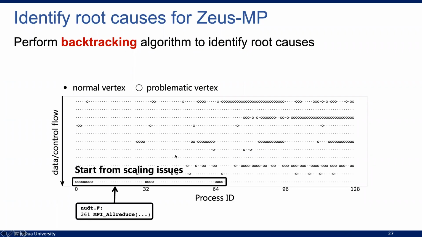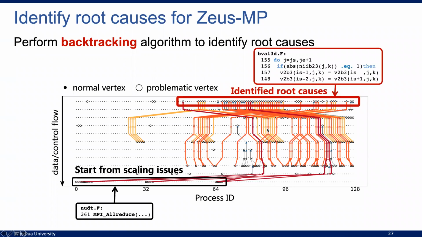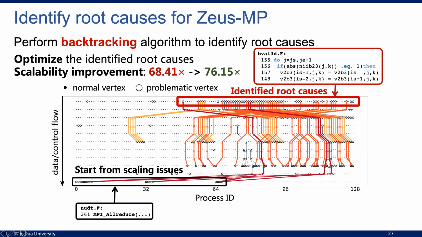We start from the last problematic vertex, here is MPI_Reduce, and traverse backward through data, control and communication edges. Finally, we identify that the root cause is a loop in this file. We optimize this loop and significantly improve the scalability.